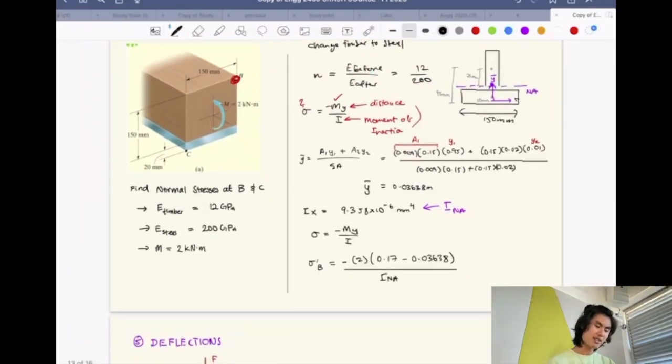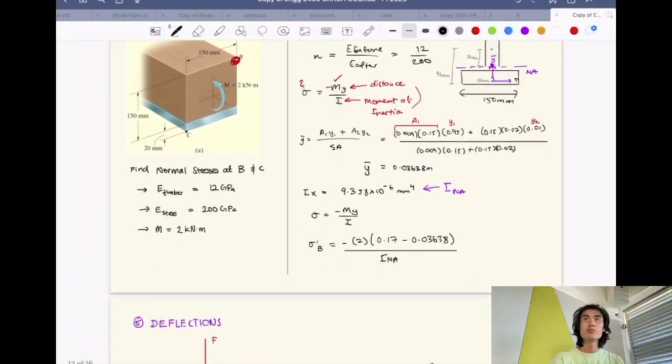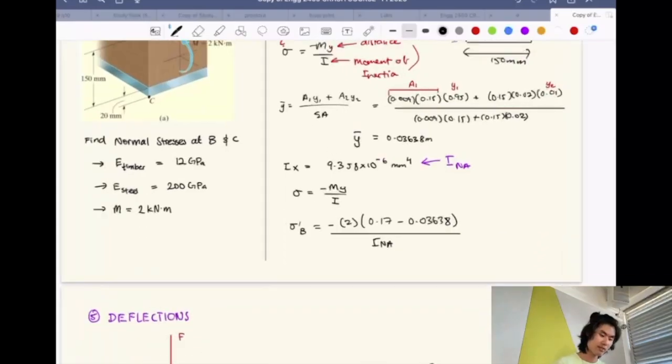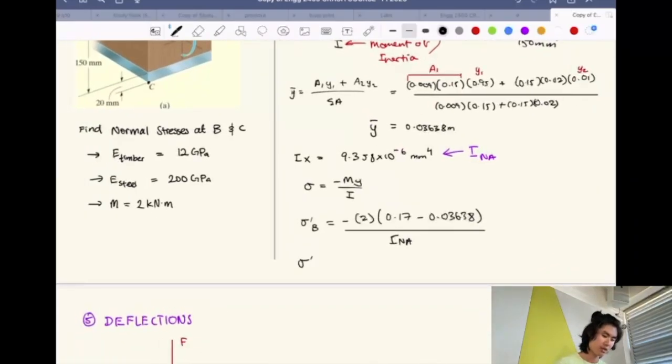This equation will be your stress at point B, but that's while it's still steel. So you still need to convert it by the ratio again, and that will be 1.71 MPa.